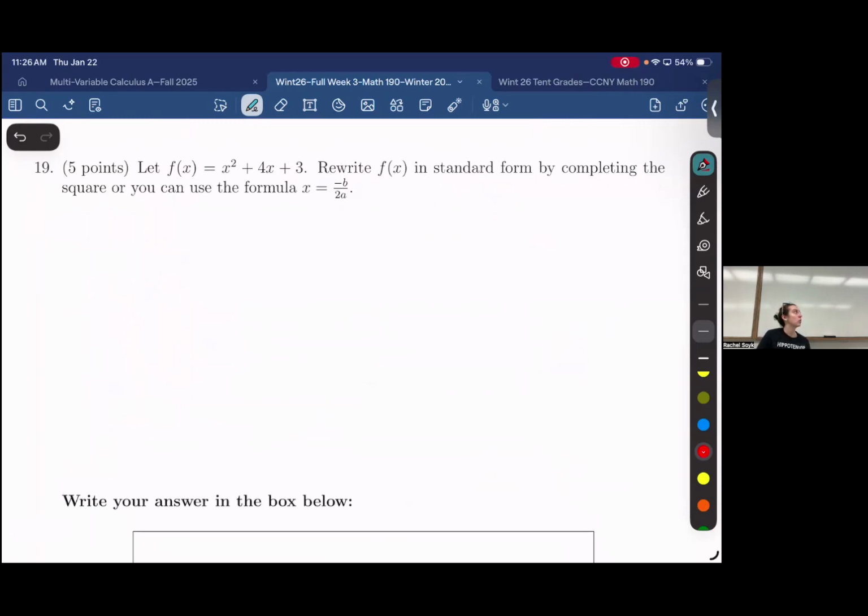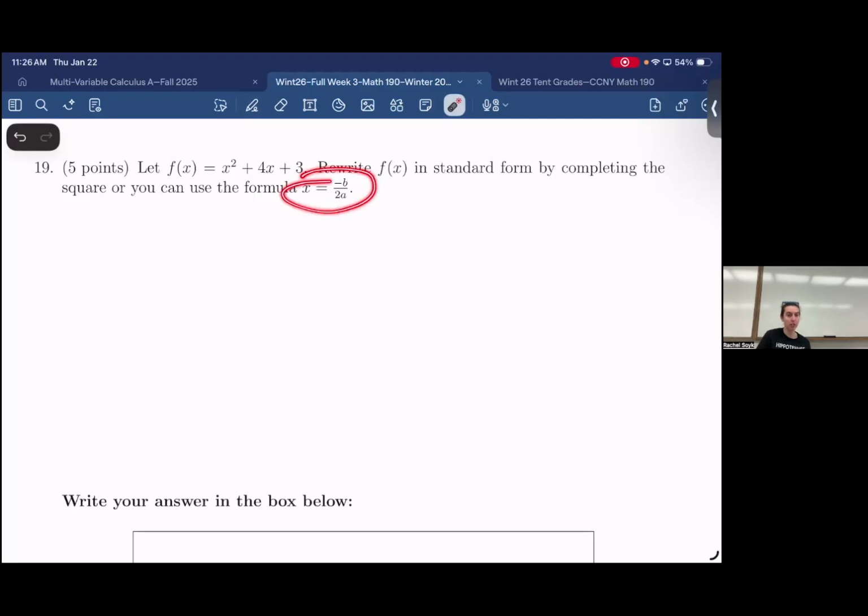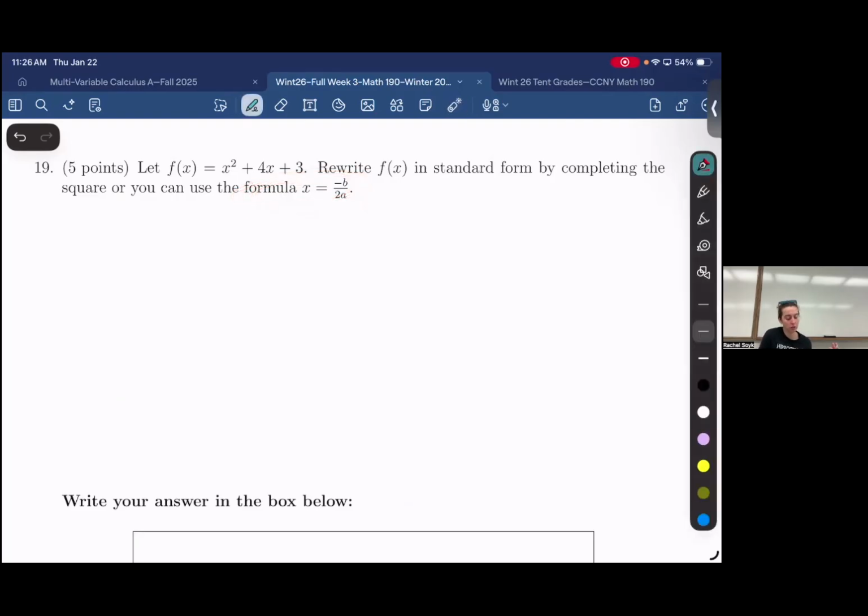We want to rewrite our f of x in standard form by completing the square, or you can use the formula x equals -b over 2a, which is our axis of symmetry, to help us find the vertex. So if you decided to use the latter method, actually, I'll show it to you guys both ways to give you guys variety.